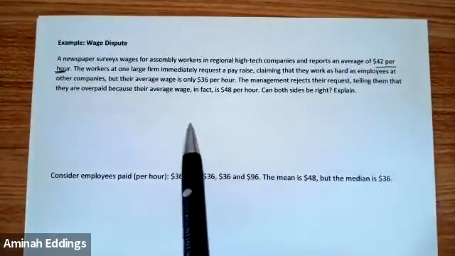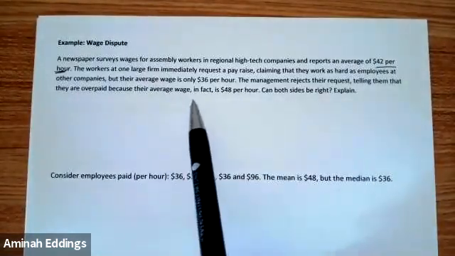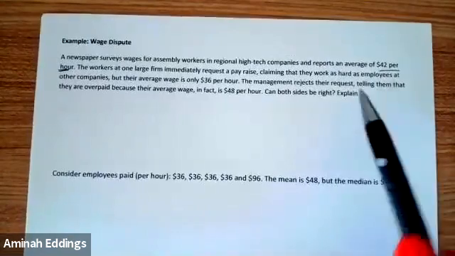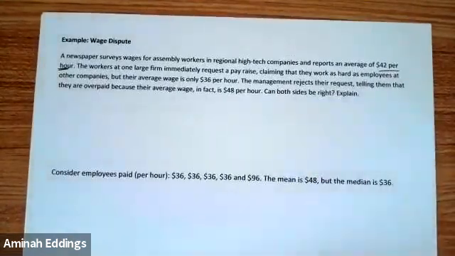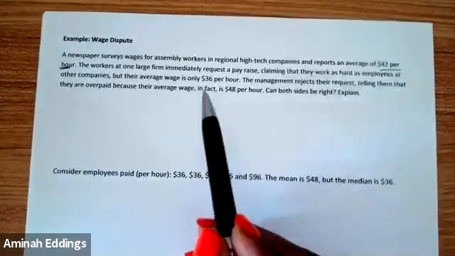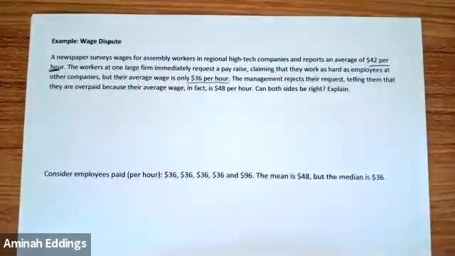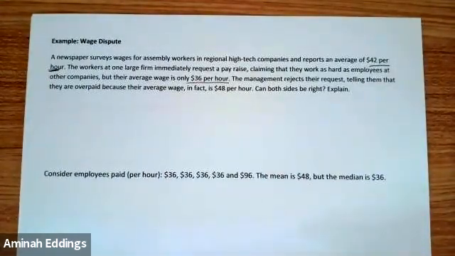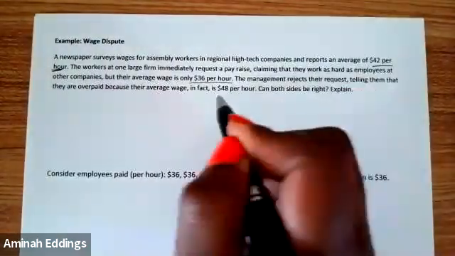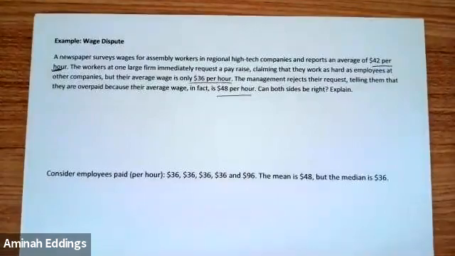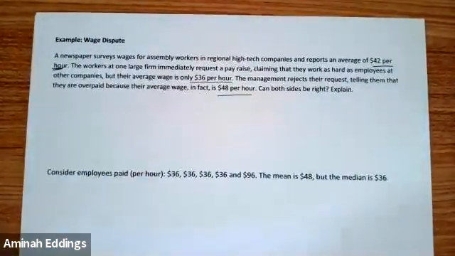The workers at one large firm immediately request a pay raise. They're claiming that they work just as hard as employees at other companies, but their average wage is only $36 an hour. The management rejects this and tells them they are overpaid because their average wage is in fact $48 per hour. Can both sides be right?